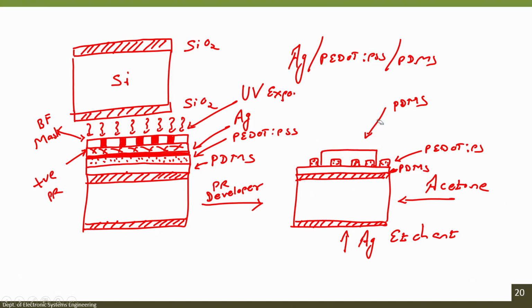For creating this PDMS bump, we have to perform lithography again. So, what will we do? We will have a silicon wafer.